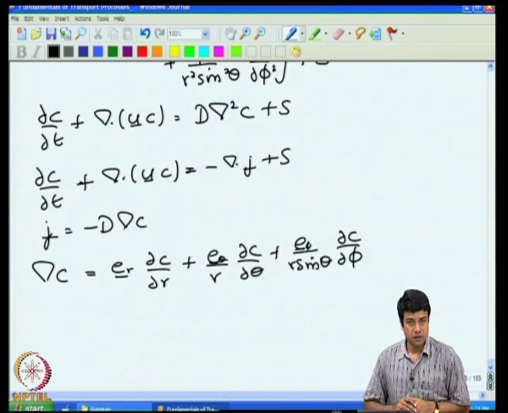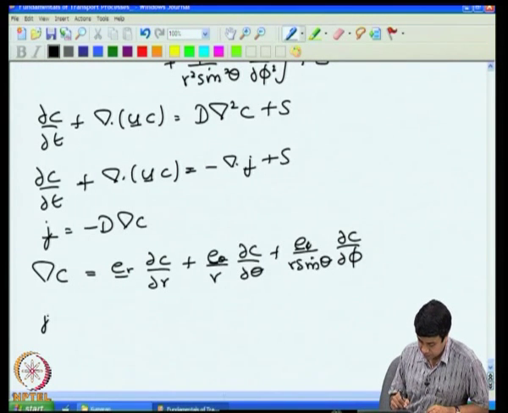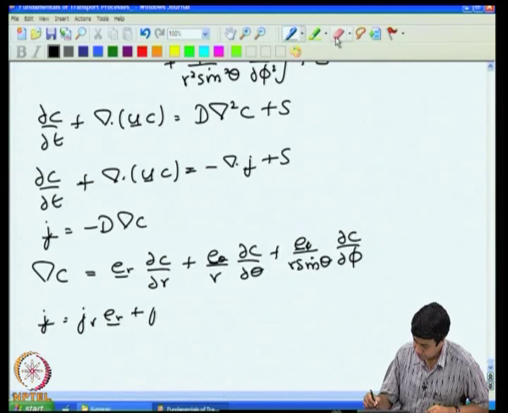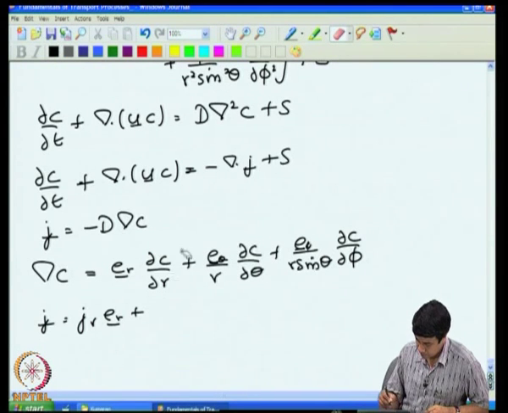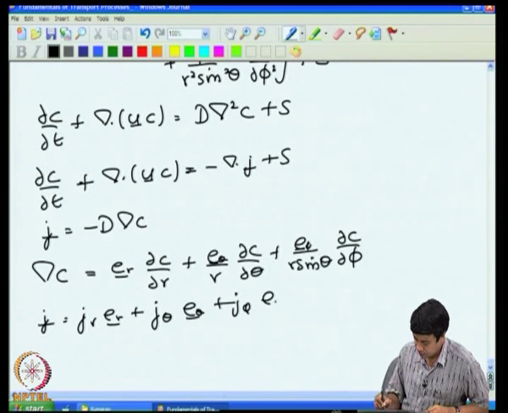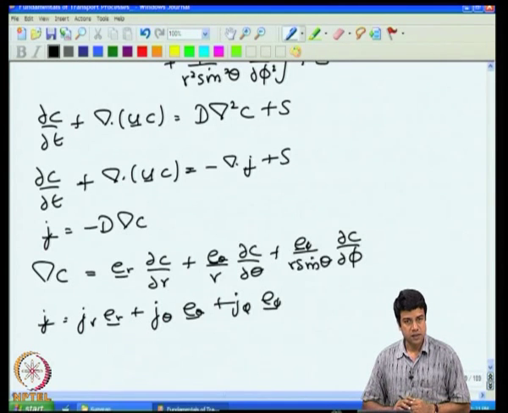If I write j is equal to jr er plus j theta E theta plus j phi E phi, the J vector is written as the sum of its components in the r, theta and phi directions. The gradient operator is written as er times partial by partial r plus E theta by r partial by partial theta plus E phi by r sin theta partial by partial phi.